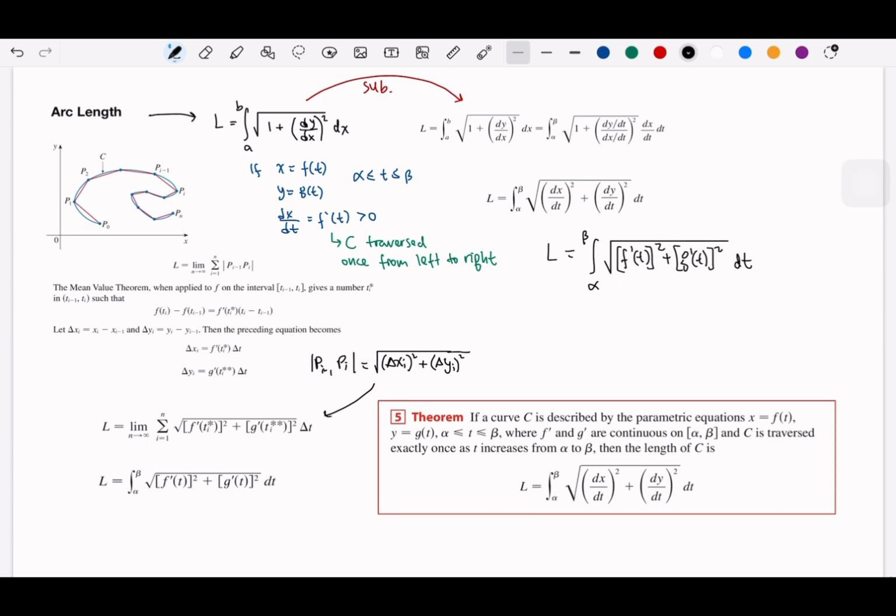So from this arc length, we could devise the surface area formula. Basically the same thing. It can be 2 pi x ds or 2 pi y ds, and ds is basically this arc length, okay, this parametric arc length.